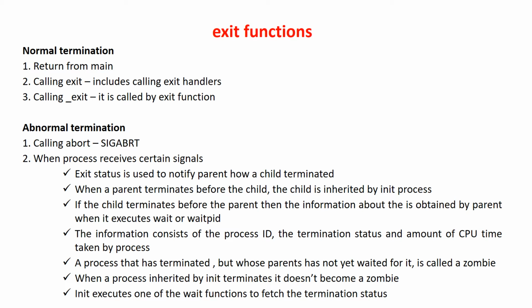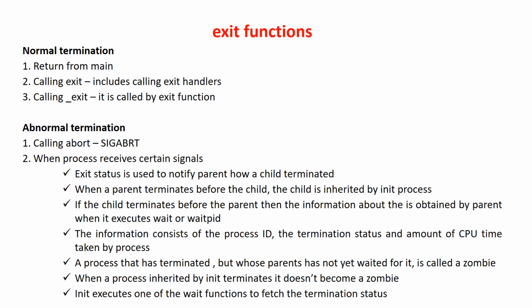Then abnormal terminations: we can call abort, and SIGABRT is the control signal required for abnormal termination. Another way to consider abnormal termination is when the process receives certain signals.